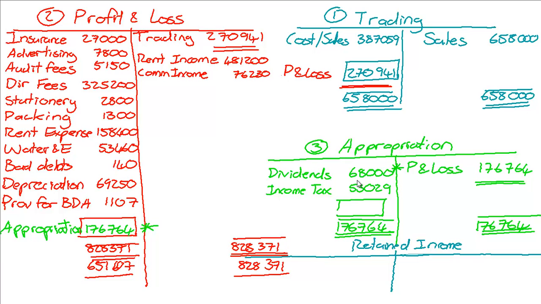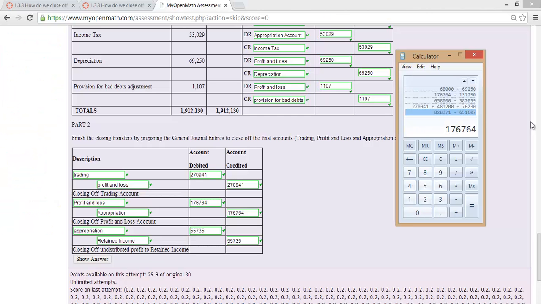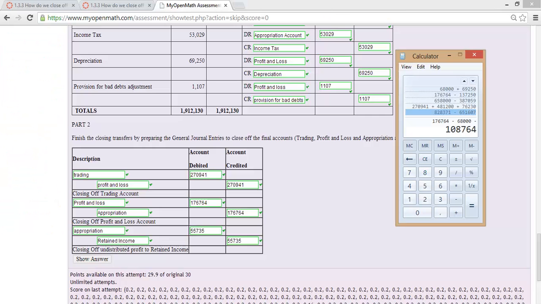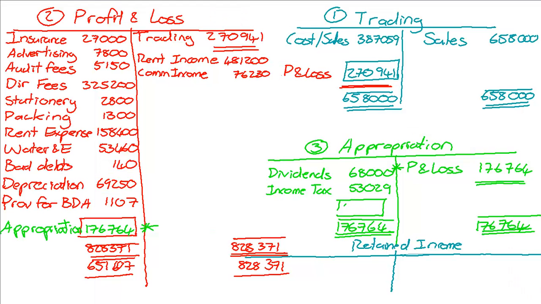Then we're going to minus 68,000, because we want to minus all our debits, and we're going to minus our 53,029, and that's going to give me the balancing figure of 55,735, and this is the amount of the profit.